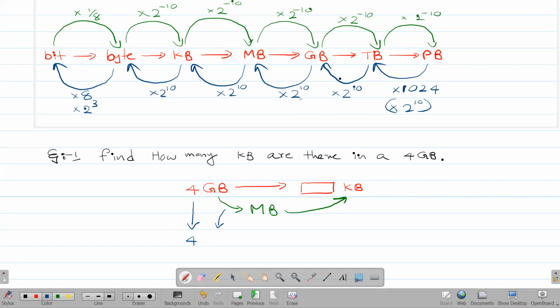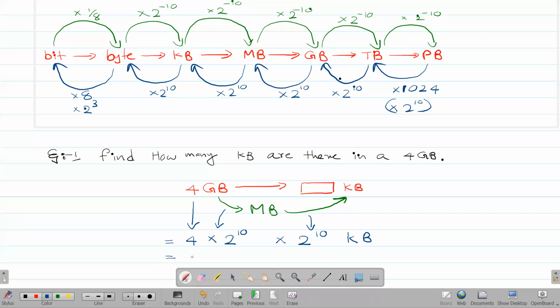Moving from gigabyte to megabyte needs 2 to the power 10, so you multiply by 2 to the power 10. Then from megabyte to kilobyte, again we need 2 to the power 10, so you multiply by 2 to the power 10. So it will give you the value in kilobytes.